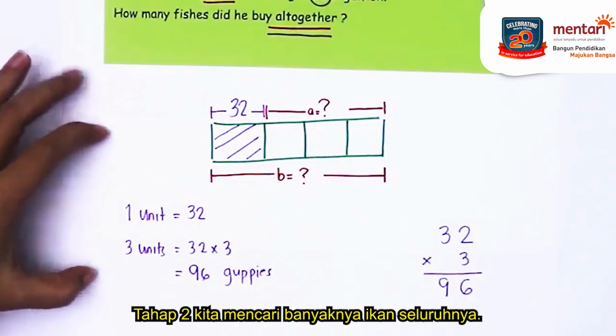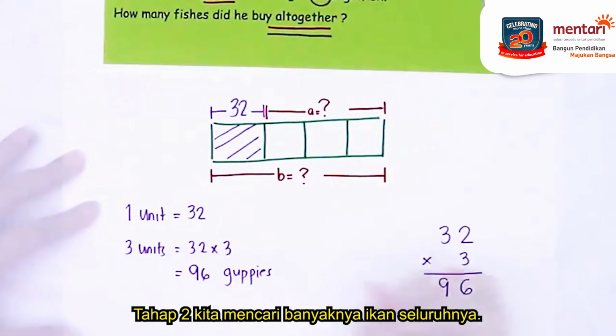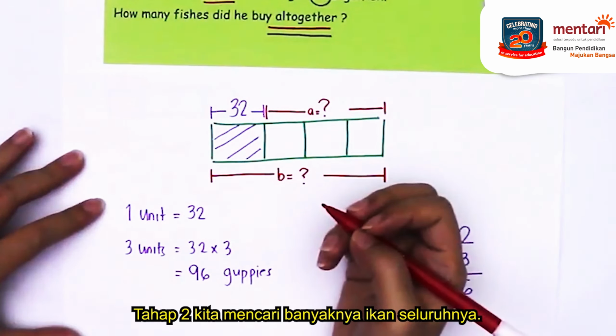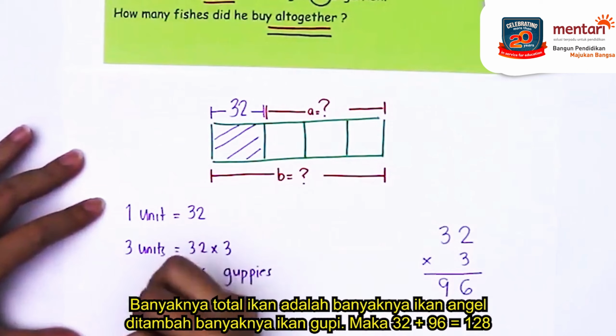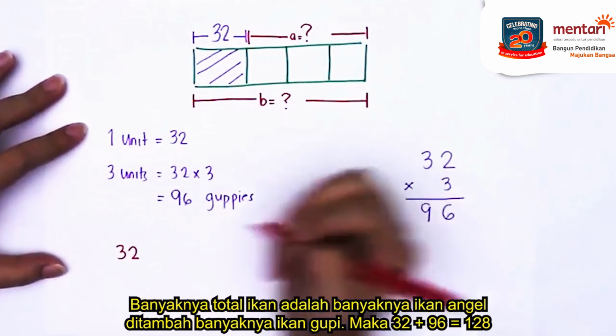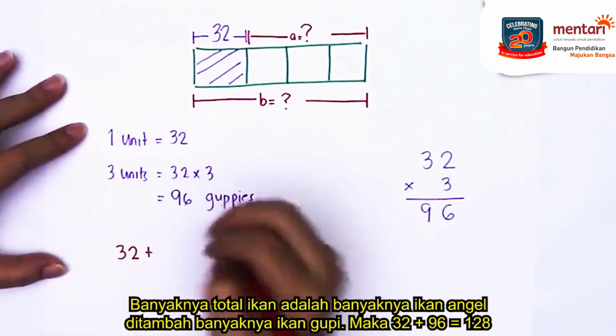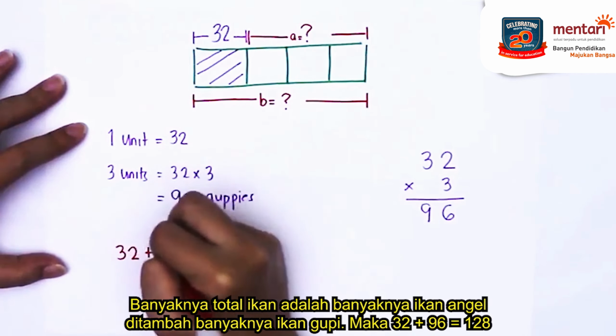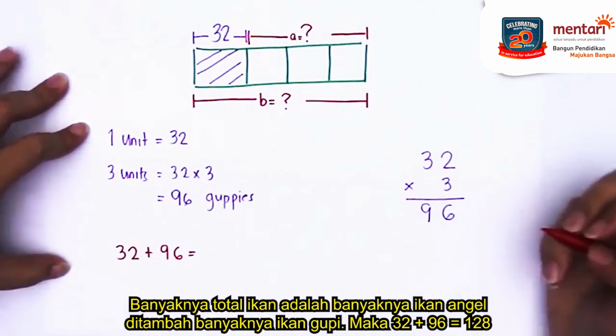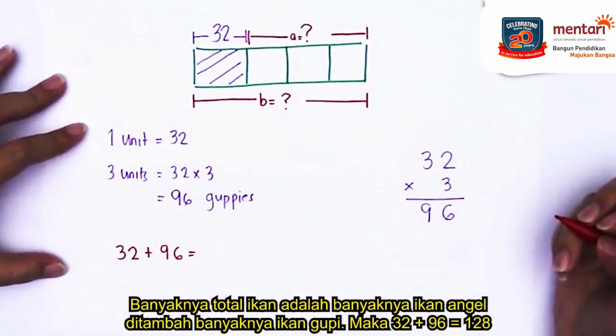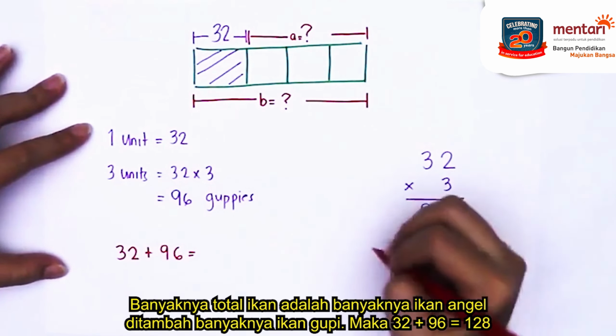We find out how many fishes there are altogether. Since we are talking about the angelfish, which is 32, and the guppies, which is 96, we can find out the whole or the total number. And what's the answer?